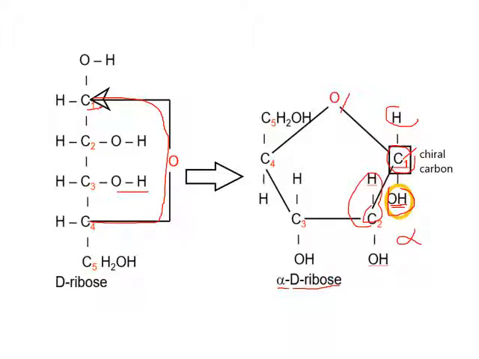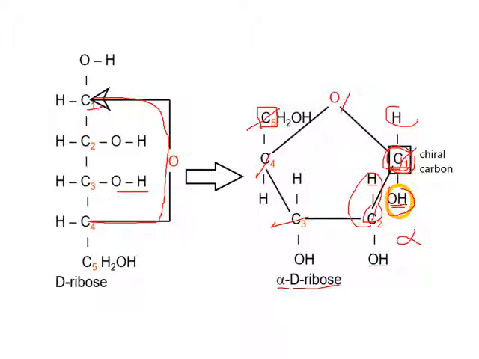It goes clockwise, and usually it starts from this carbon here. So 1, 2, 3, 4, 5, and look, the last carbon is actually outside the ring. It's not the carbon inside the ring.